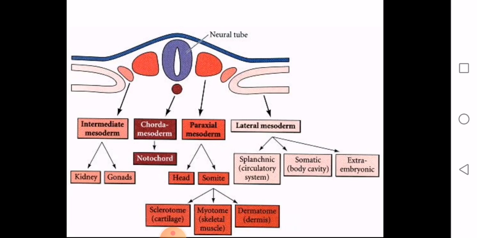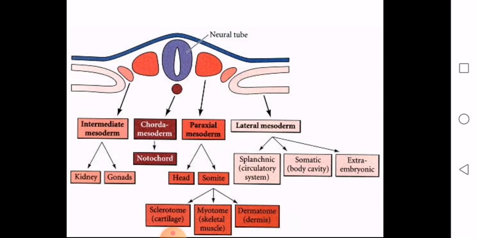So this is the same thing, which is just showing the derivatives of the intermediate mesoderm. You can see the neural tube again, and on either side you can see the intraembryonic mesoderm, which is divided into three. The dark red is showing the paraxial mesoderm, and all of you know that it gives rise to the sclerotome, the myotome, and the dermatome.